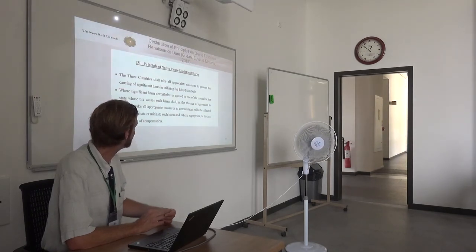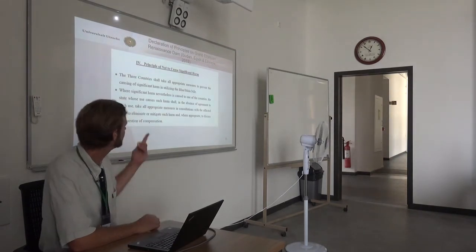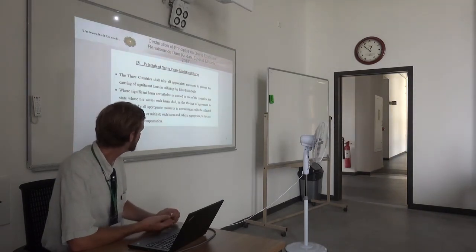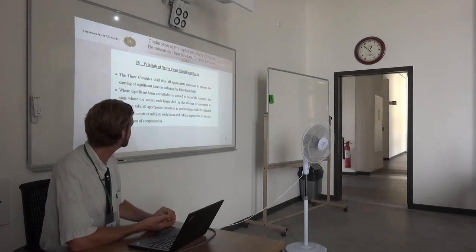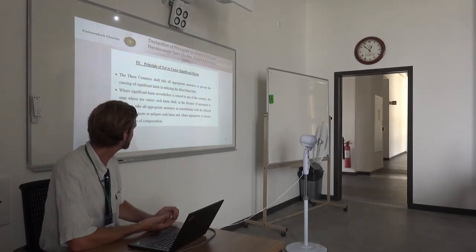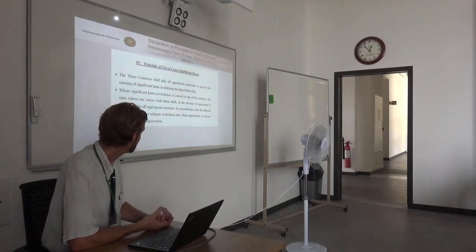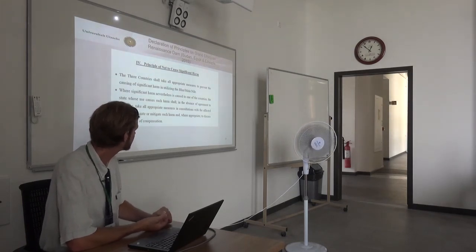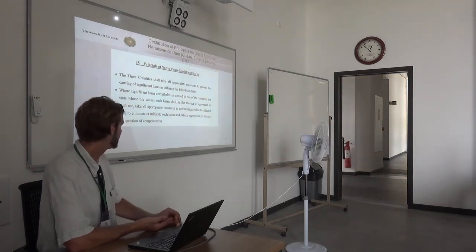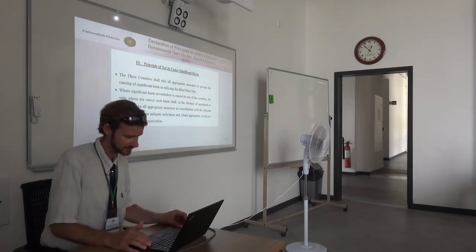So this declaration has a reference also to the no harm rule, and that's this. The three countries shall take all appropriate measures to prevent the causing of significant harm in utilizing the Blue Nile. Where significant harm nevertheless is caused to one of the countries, the state whose use causes such harm shall take all appropriate measures in consultation with the affected state to eliminate or mitigate such harm and maybe provide compensation.